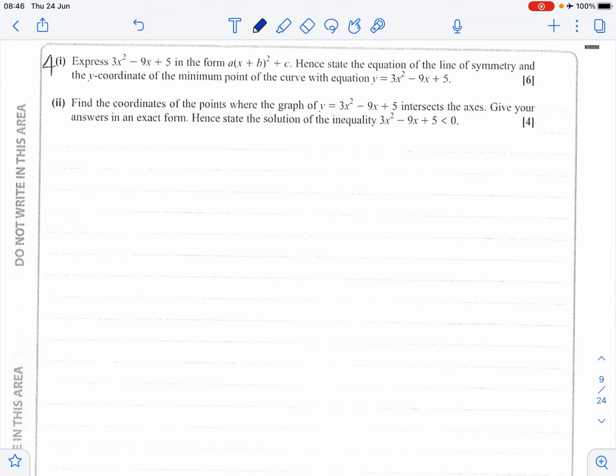So here we want to express 3x squared minus 9x plus 5 in the form a(x plus b) squared plus c. What we have to do is, with 3x squared minus 9x plus 5, firstly I'm going to consider those two terms and take the common factor 3 out of the bracket.